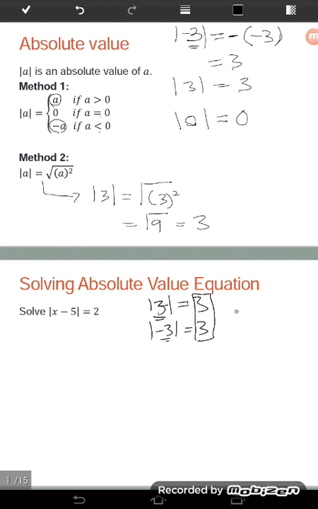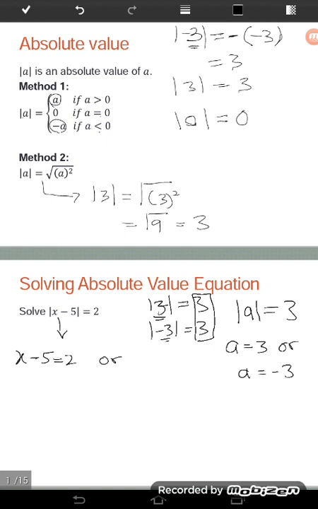Okay, so therefore if you have question modulus A equal to 3, you can solve A is equal to 3 or A equal to negative 3. So therefore for this question, you can have x minus 5 equal to 2 or x minus 5 equal to negative 2.